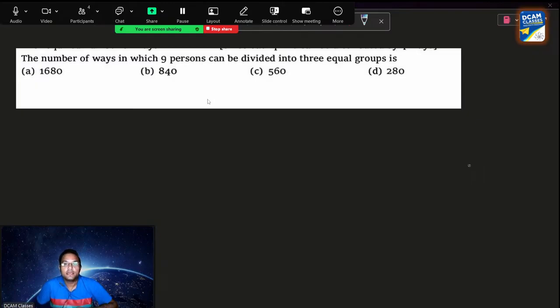It's like you have 9 different letters in which 3 are of identical kinds. How will you explain 3 equal groups?